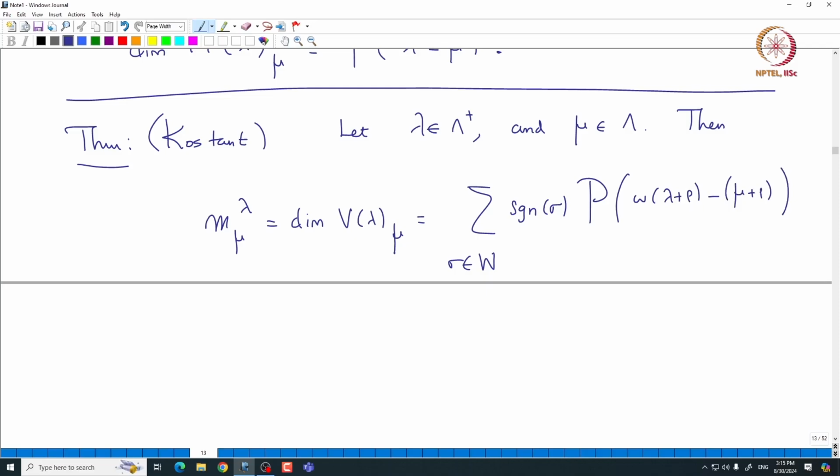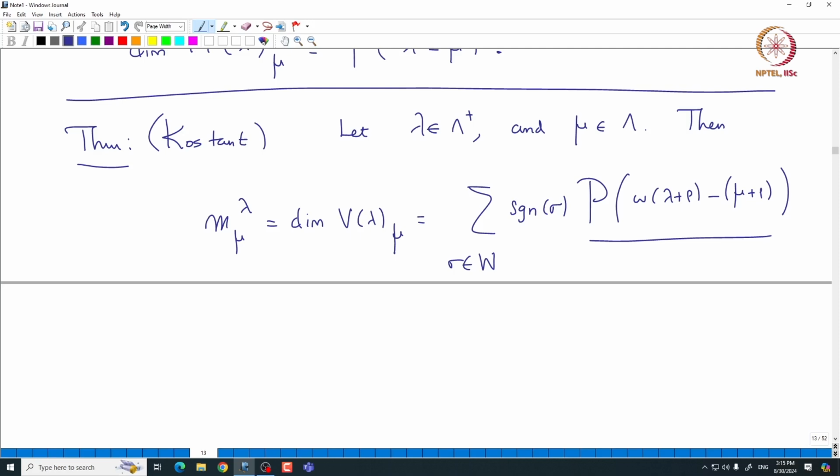This is a very explicit closed formula for the multiplicity, though in practice it will be very difficult to compute. You can see that this partition function is only non-trivial whenever sigma of lambda plus rho is bigger than mu plus rho in the dominance order.